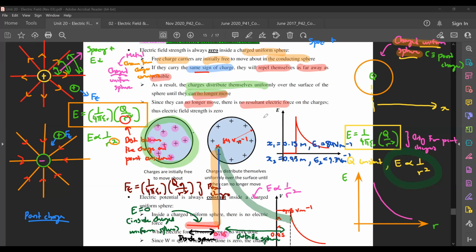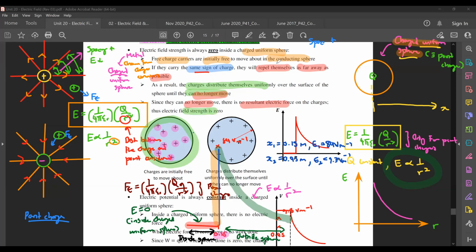Okay, because what you would have understood from AS is that in order for something to move, you must have a resultant force. Okay, so if they don't move, that would mean that there is no resultant force acting on them. So here you say that because they no longer move, there's no resultant electric force. And from there, you can then conclude that your field strength is 0.